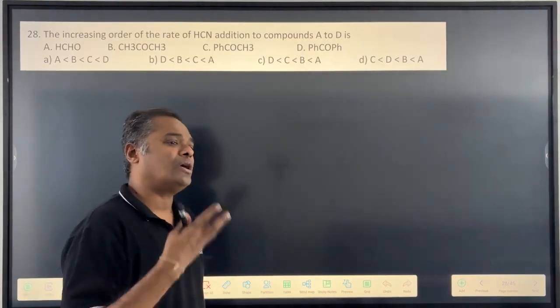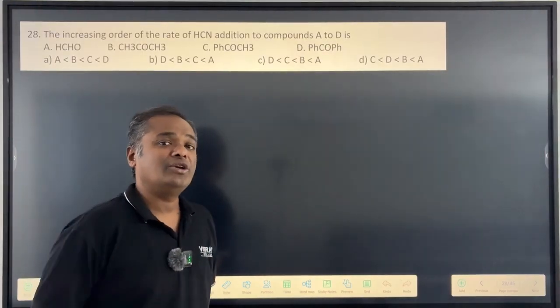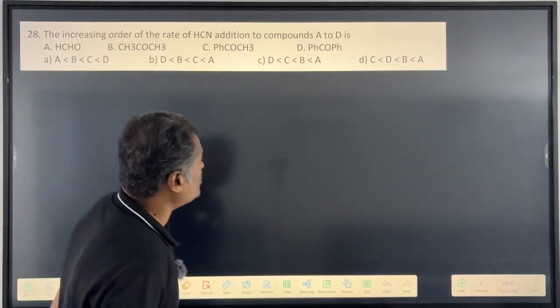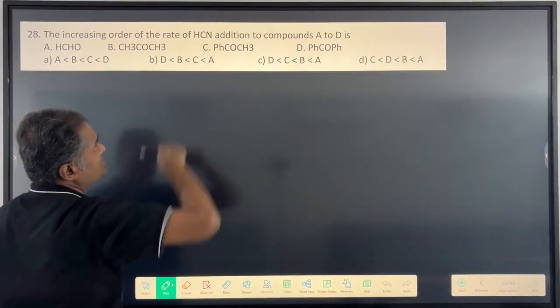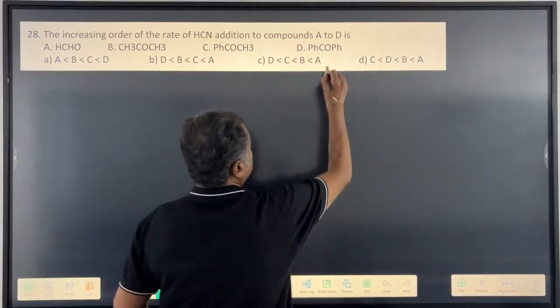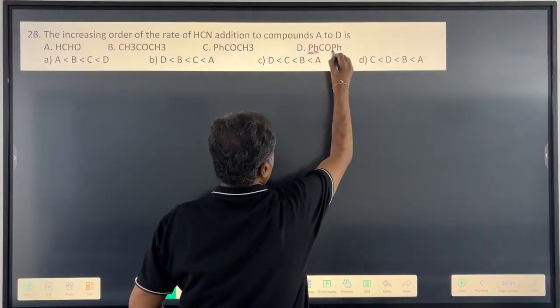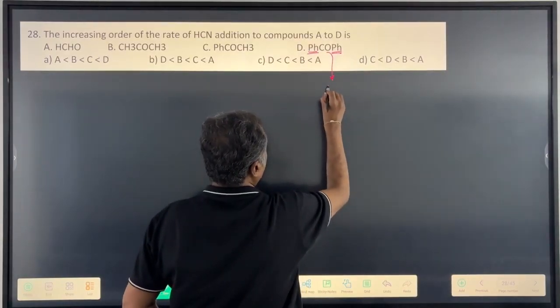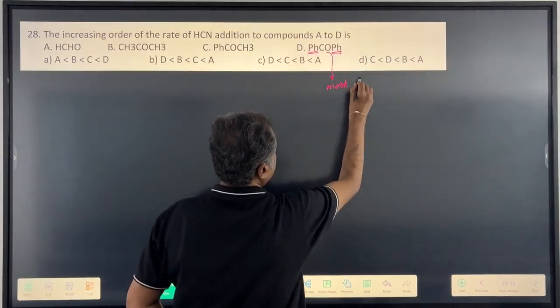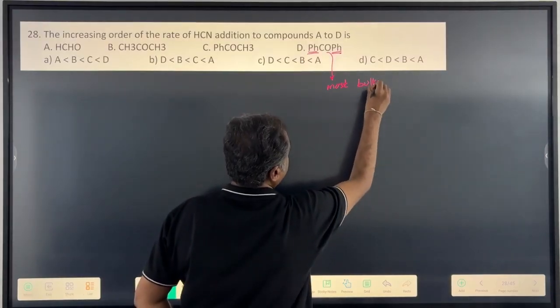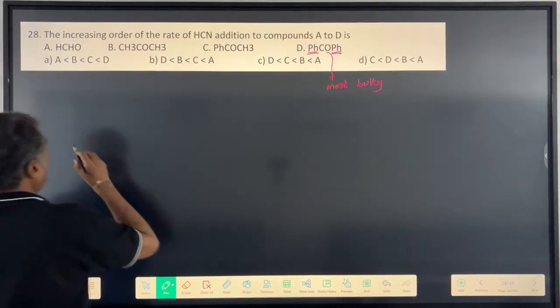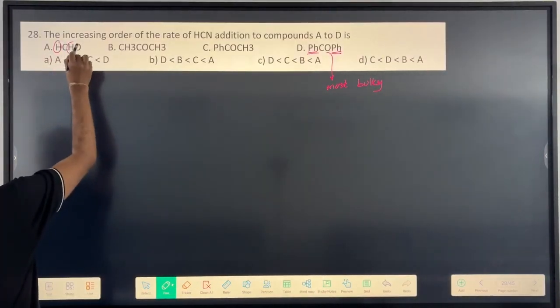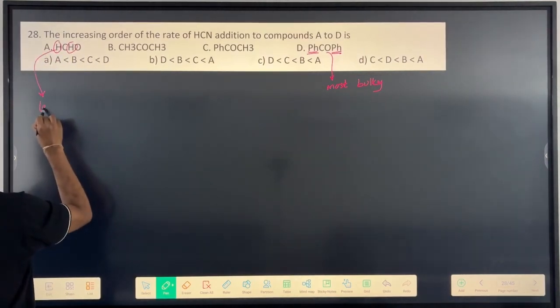As the compound becomes more and more bulky, your reactivity decreases. Out of all these examples, this contains two phenyl rings, so this is the most bulky. Formaldehyde is the one which contains both H, so this is least bulky.